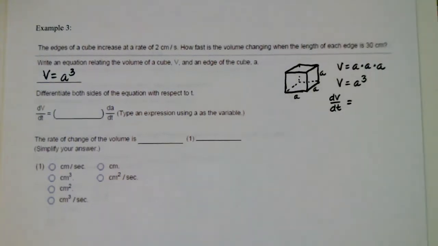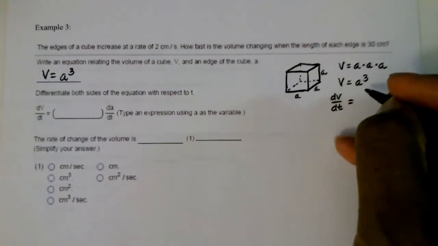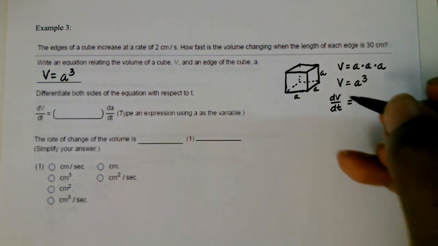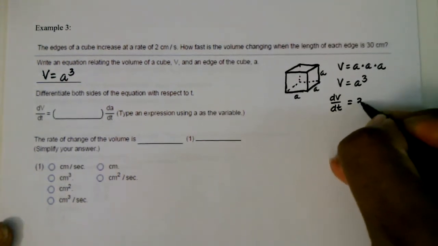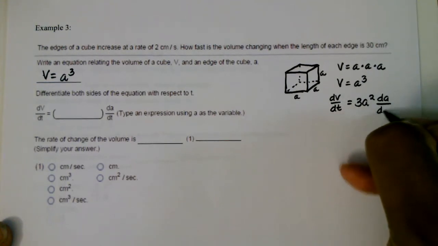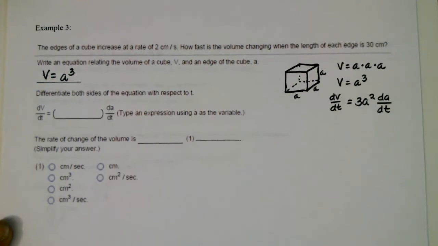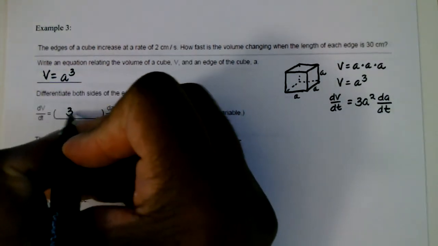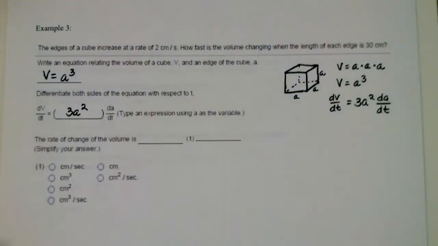That's equal to the derivative of A cubed with respect to time, which would be 3A squared times dA/dt. So we got dV/dt, and that's equal to 3A squared times dA/dt.